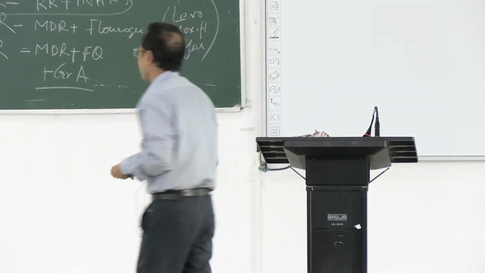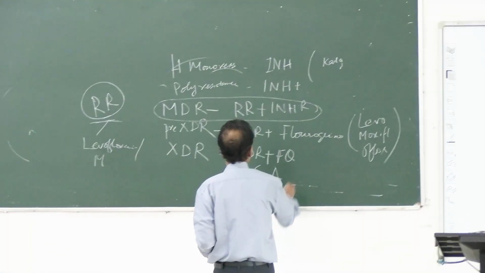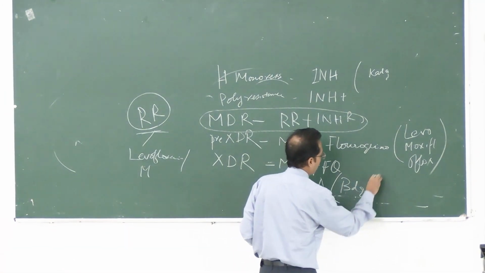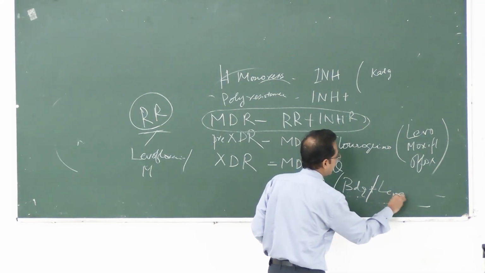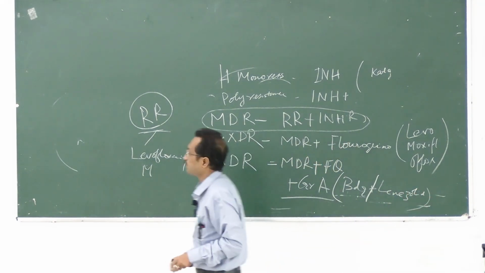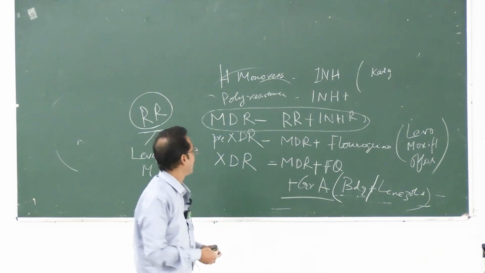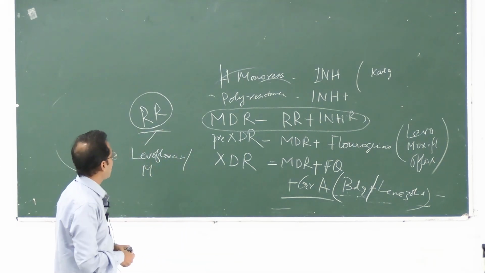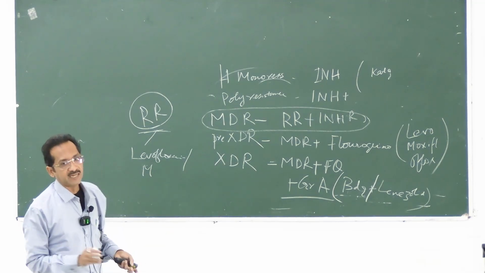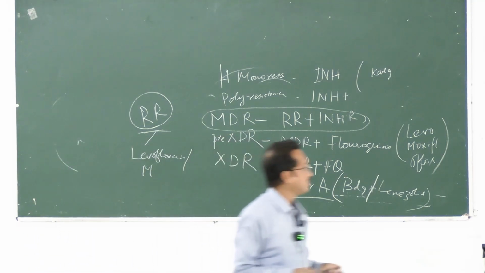Either bedaquiline or linezolid resistance. So this is the whole resistance pattern of tuberculosis: H monoresistance, polyresistance, MDR, then pre-XDR and then XDR tuberculosis.